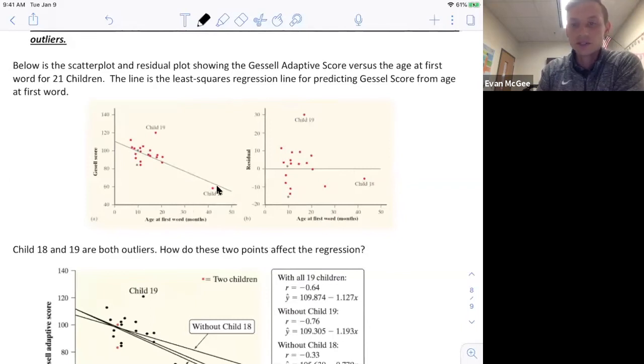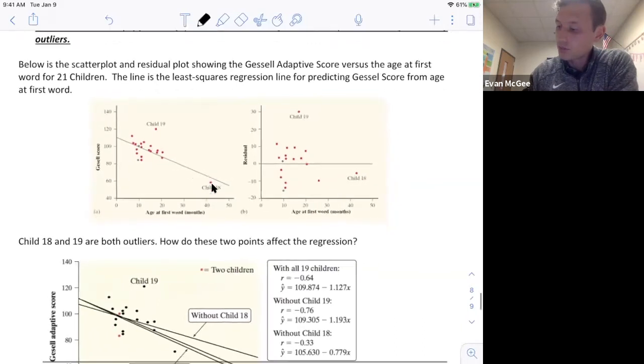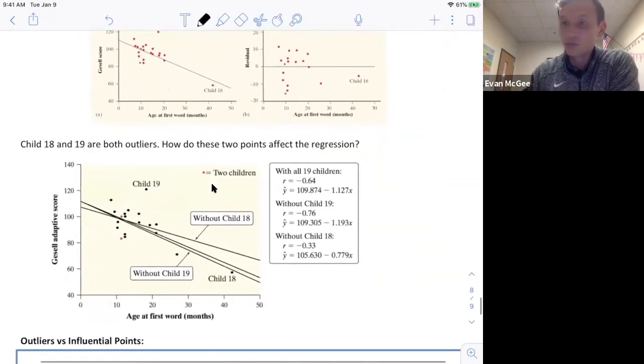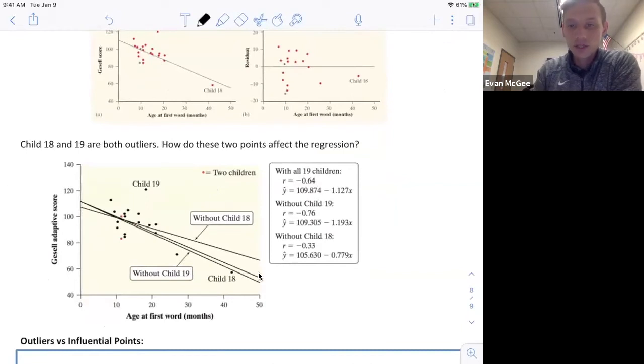And so how do these points affect the regression? It's kind of obvious to see that 18 is going to be more influential, but the best way to determine if a point is influential is to remove it and see how the regression equation and correlation change. Here, this line is the original regression line with all 21 kids. If we remove child 18, this is where the line moves to. You can see a drastic change there.